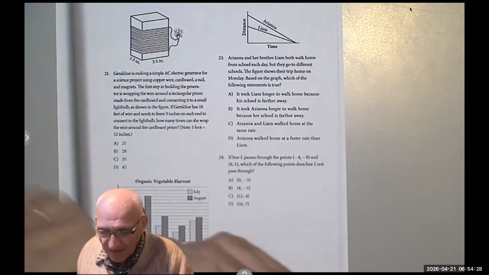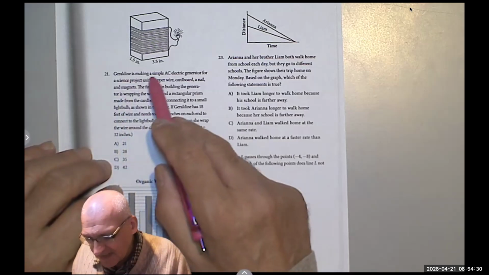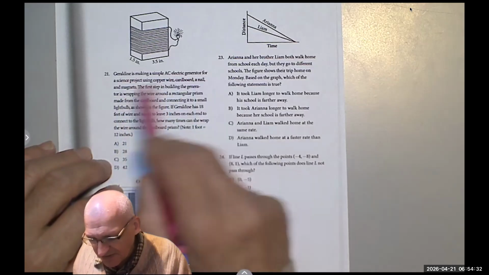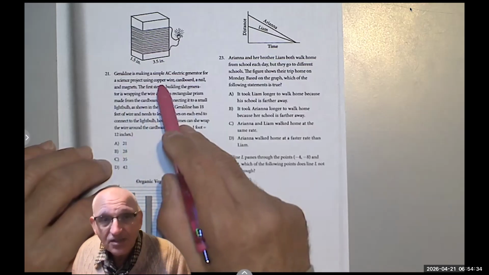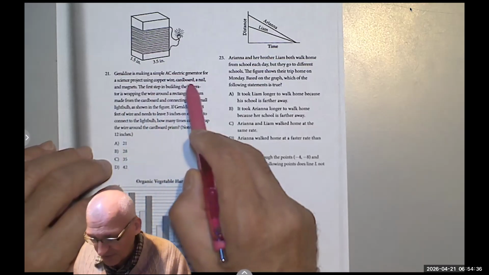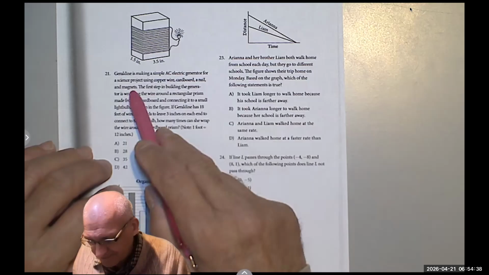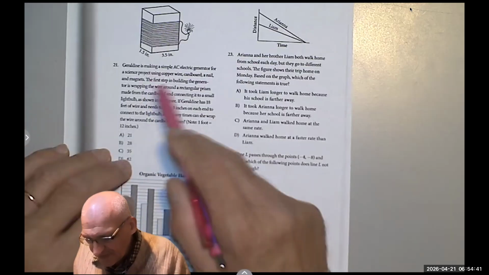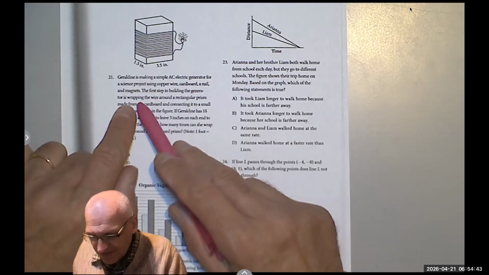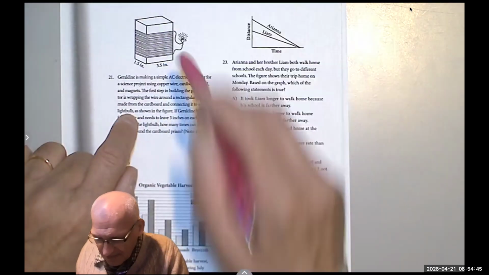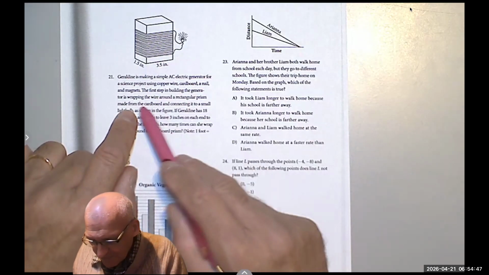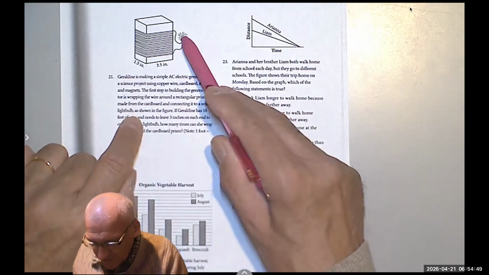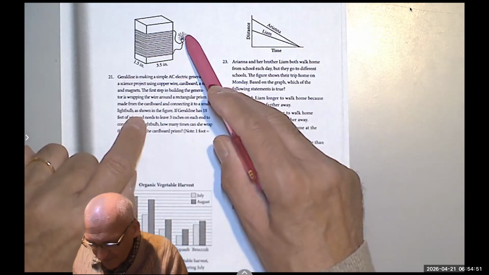Okay, number 21. It says Geraldine is making a simple AC electric generator for a science project using copper wire, cardboard, a nail, and magnets. The first step in building the generator is wrapping the wire around the rectangular prism made from the cardboard and connecting it to a small light bulb as shown in the figure.